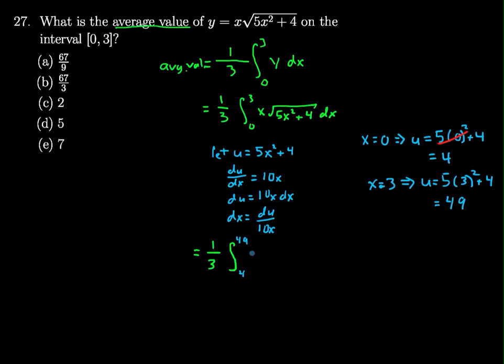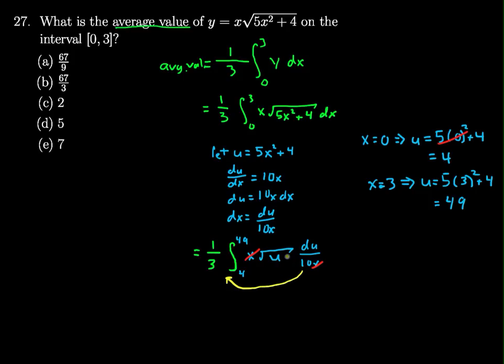And I'll leave the x in for now, multiplied by the square root of u, because I can replace this 5x squared plus 4 with the u, multiplied by, I'm going to replace the dx with du over 10x. Okay, now I see I have this x, I have this divided by x, they're gone. I always like bringing any constants out, and I have this constant 10, so I'll bring that out to the front.